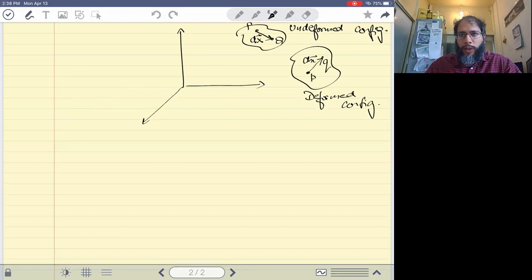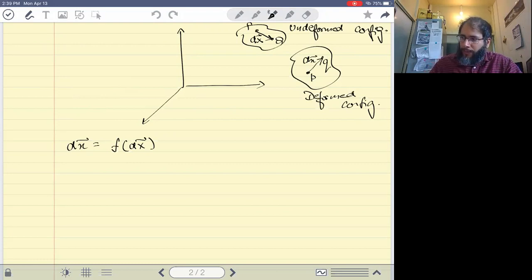If I can develop a relation, if I can write my dx as some function of d capital X, where d capital X is always defined from P to some point Q around P, and if I can do this for all possible d capital X values, then I have quantified my deformation completely around point capital P. And that's what the aim was.